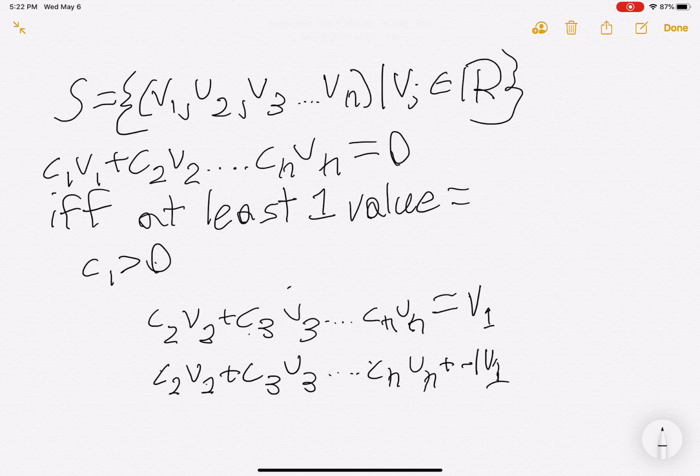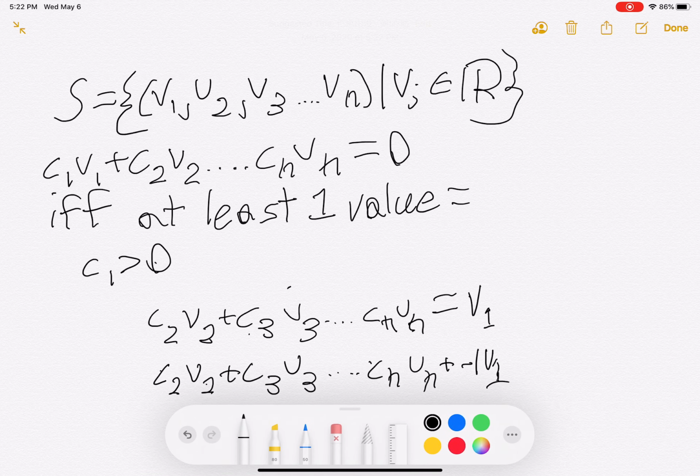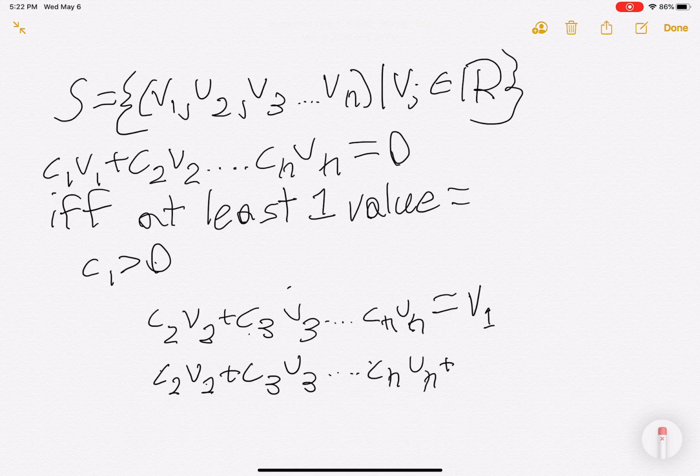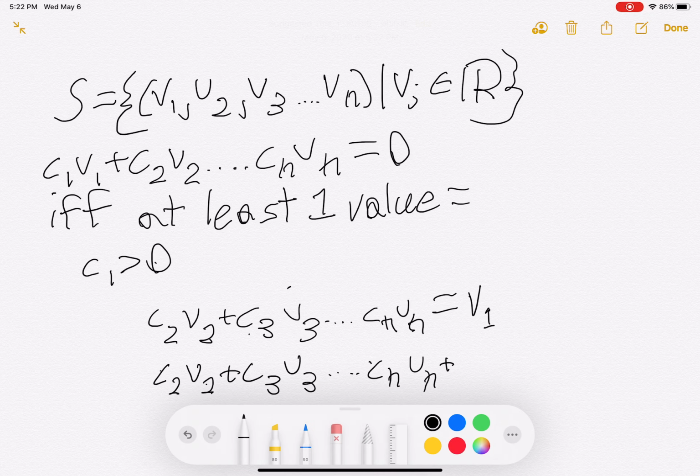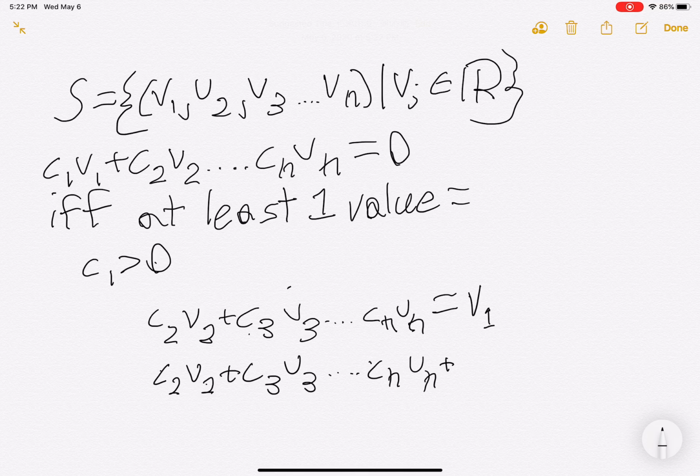Since we're minusing both sides of the equation like that. Let me make that look a little bit nicer. Plus -1 times v1 equals 0, right? And this is essentially completely related to the first statement because it does fit the constraint that it has at least one non-zero value for ci, right?